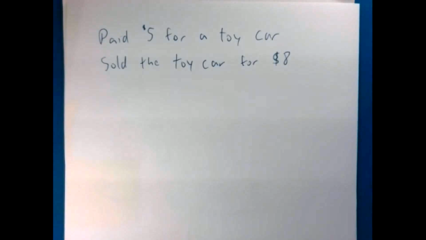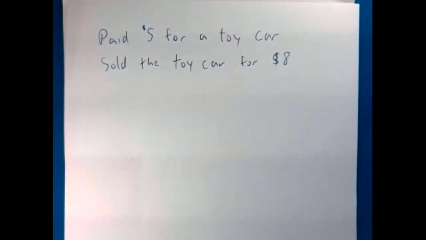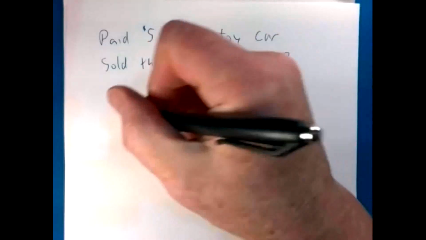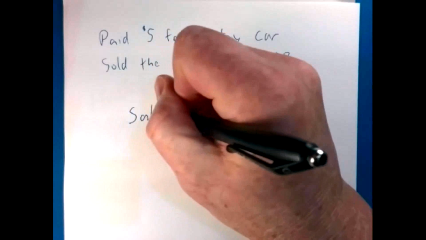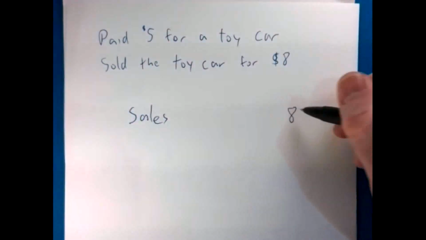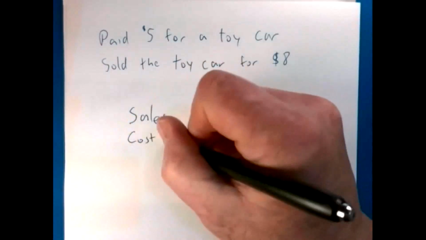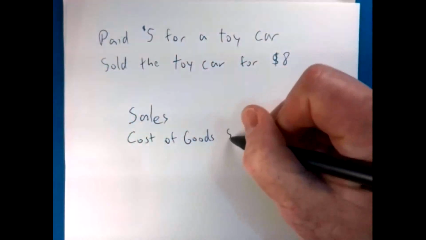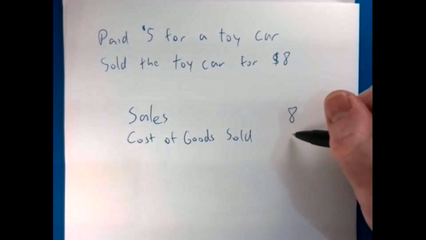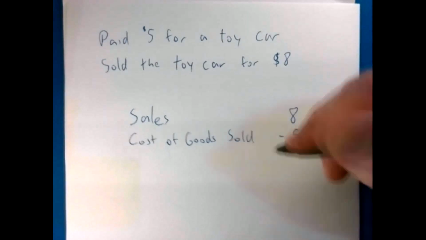This is what this would look like to put it into accounting language. It would look like this: sales or revenue, either one, would be $8. The cost of goods sold would be $5. That's what it cost me.